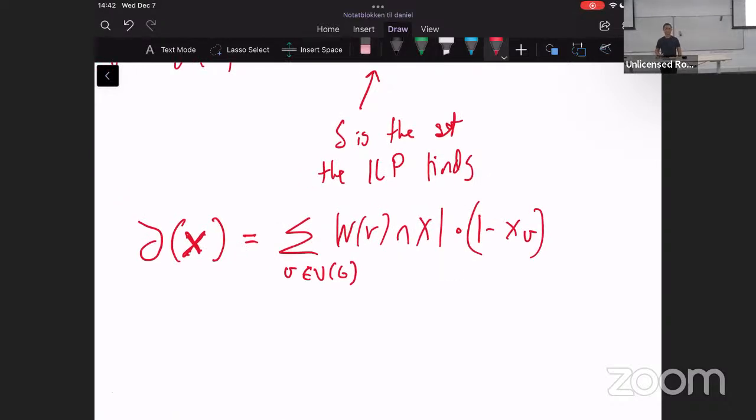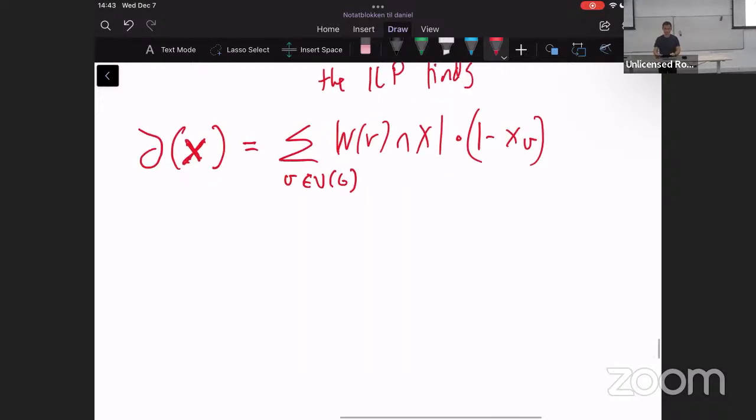So if I set x_v to be 1 if it is in X and 0 if it's not, then if I sum over all the vertices, I count the vertex if it is not in X. If it's set to 0, then I count it, and if it's set to 1, then I don't count it. And if I do count it, I get the number of neighbors it has into X. Then I get actually the cut size.